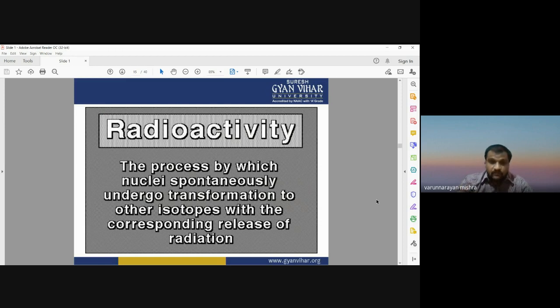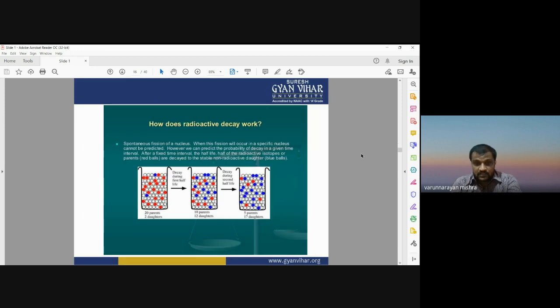The electron revolving around the nucleus has the tendency to release energy and go back to the lower energy state. During this process, it releases a high amount of energy in the form of atomic energy or nuclear energy, which will be used for different applications. So this is how radioactive decay works.